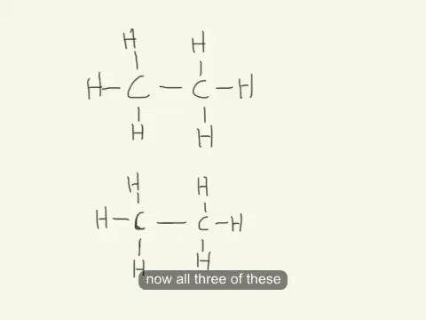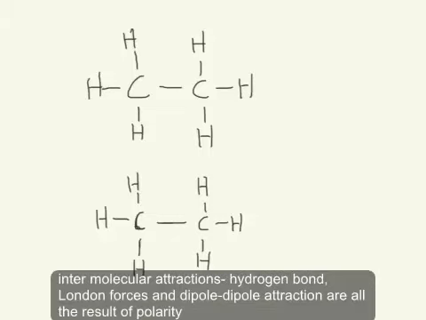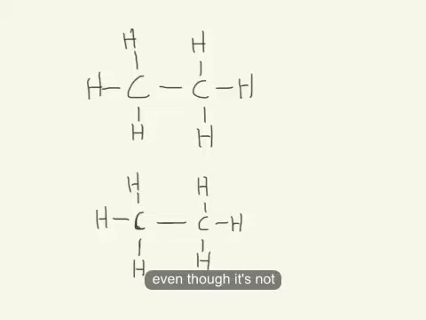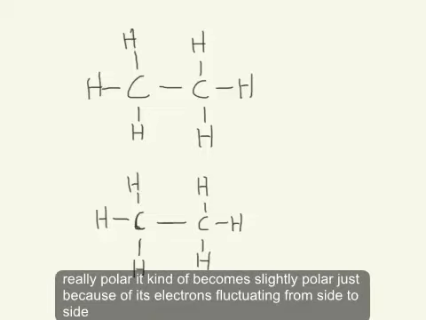Now, all three of these intermolecular attractions, hydrogen bonding, London forces, and dipole-dipole attraction, are all the result of polarity. So if this molecule isn't polar, how does it have intermolecular attractions? Well, even though it's not really polar, it becomes slightly polar just because of its electrons fluctuating from side to side.